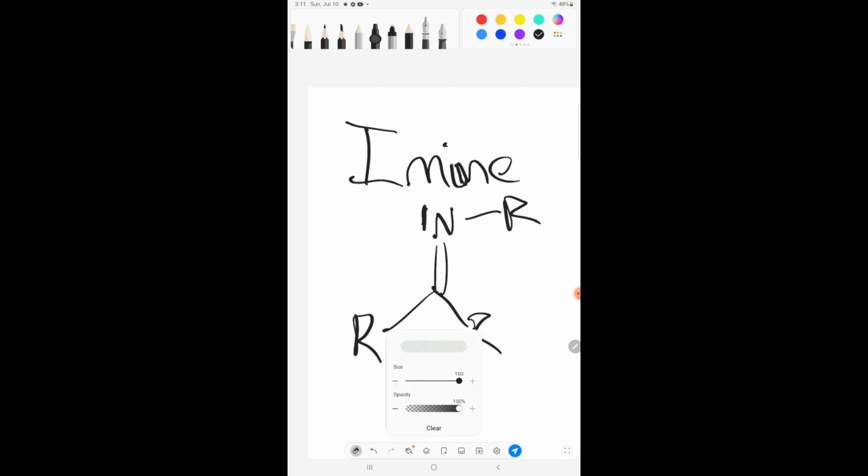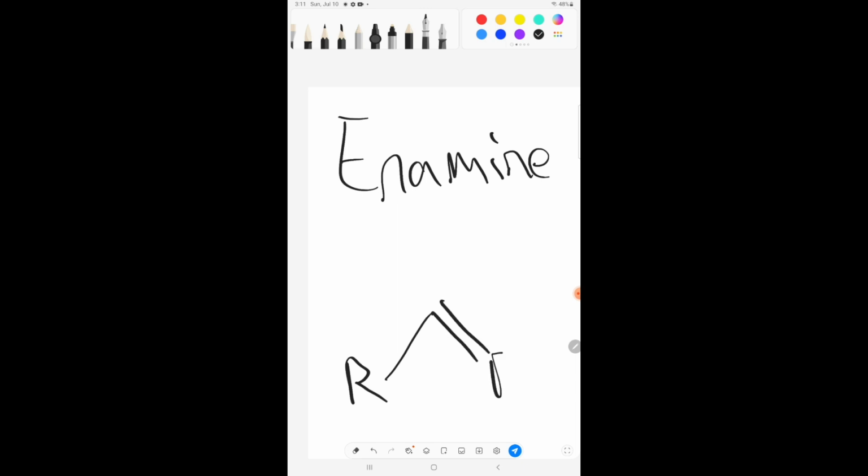As a line like that. An enamine is an R group, double bonded R group, nitrogen, 2 R groups, and its lone pair of electrons. This is an enamine.